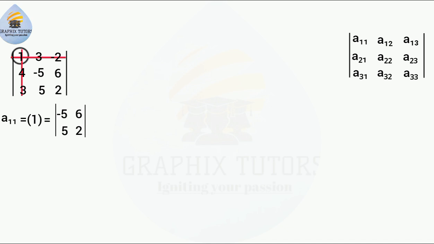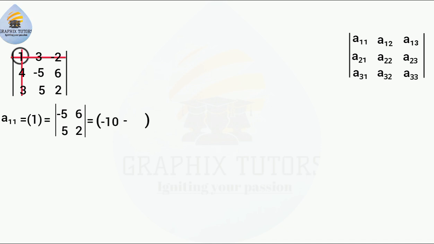Now you look for the determinant of this. You open your brackets, put minus in between. Now you take the 2 down to multiply the minus 5. So 2 times minus 5 will give you minus 10. You put it at the first point here.